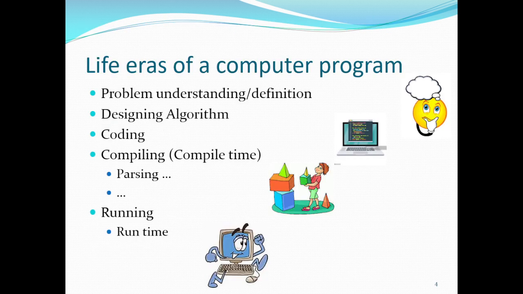Okay, so this is the life stage of a computer program. First of all, there will be a problem. We need to understand it and then design an algorithm in order to solve the problem, right? And then we start coding in the target programming language. And then we compile it.